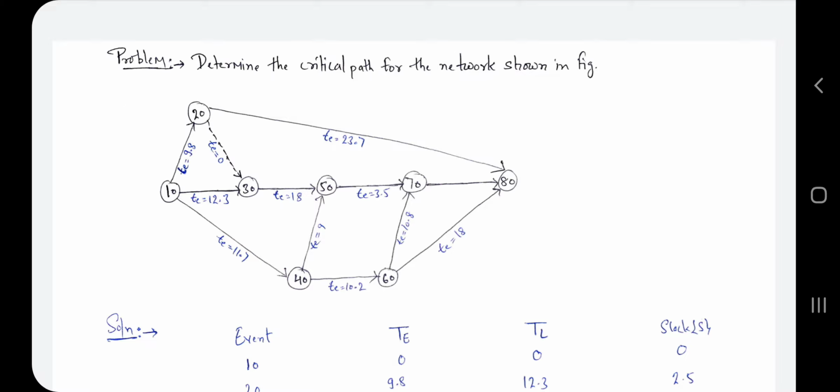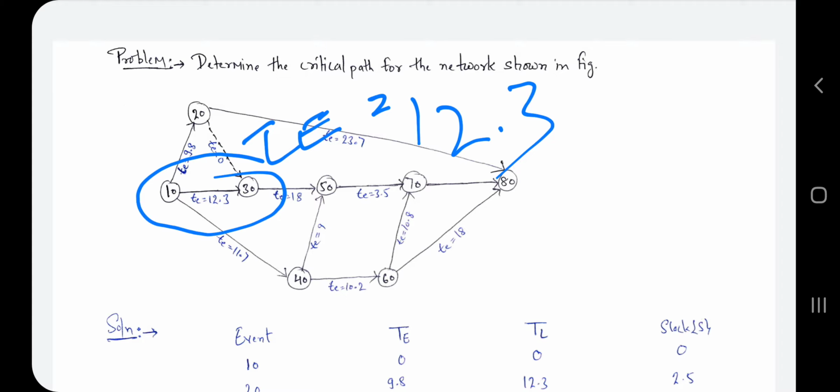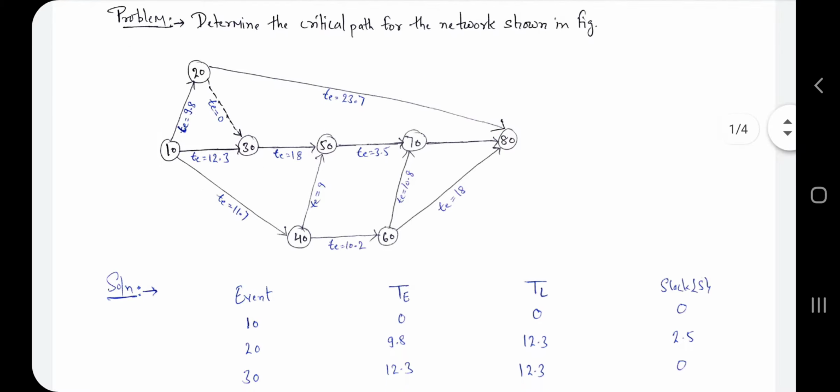If we have been given some value of t, we choose the maximum one, because we already know that in the case of TE, the earliest occurrence time, we take the maximum value if 2 arrows come to one event. That's why TE for 30 is 0 plus 12.3, that means 12.3, because we have considered this part. In this way you find the TE, the earliest occurrence time.